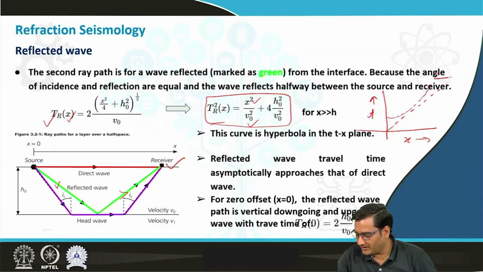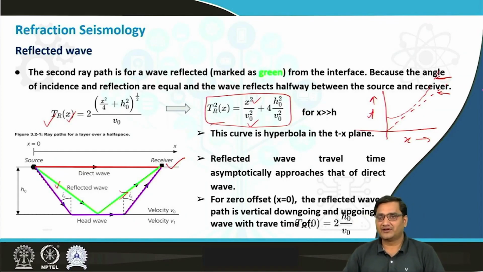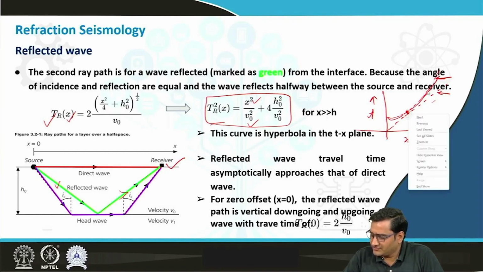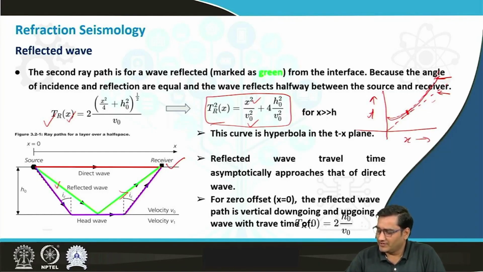So this is your hyperbola here, and this is your straight line here. The slope of the straight line will give you the velocity of the top layer, and this direct wave will asymptotically touch this hyperbola over this point over here. And this particular point here is known as the critical distance.